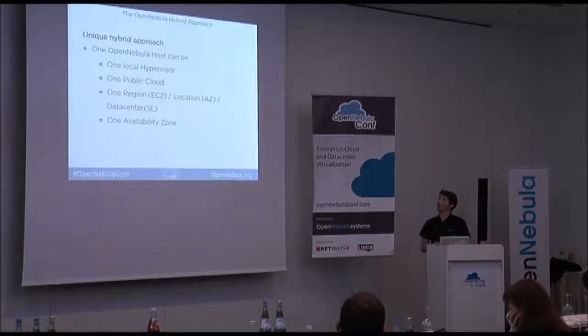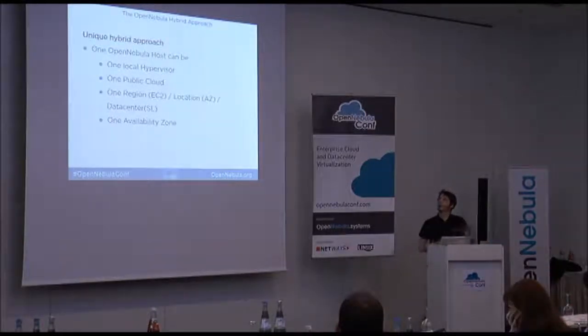But also, you can have an OpenNebula host describing one public cloud, for instance. And you have a finer grain control of what you are modeling. You can model the whole Amazon EC2, for instance, which can be a little bit crazy.